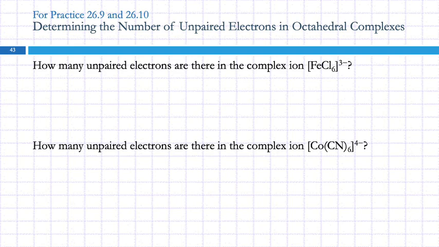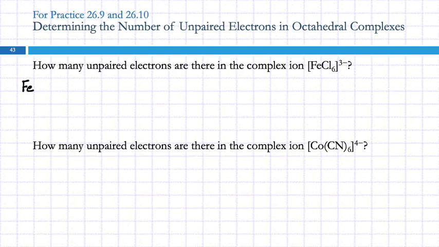How many unpaired electrons are there in the complex ion FeCl6 3 minus? We need to know how many electrons that central metal ion has. So we need to look at the electron configuration for that metal. It's an ion, but we want to look at the atom first. So just iron, let's write the electron configuration.